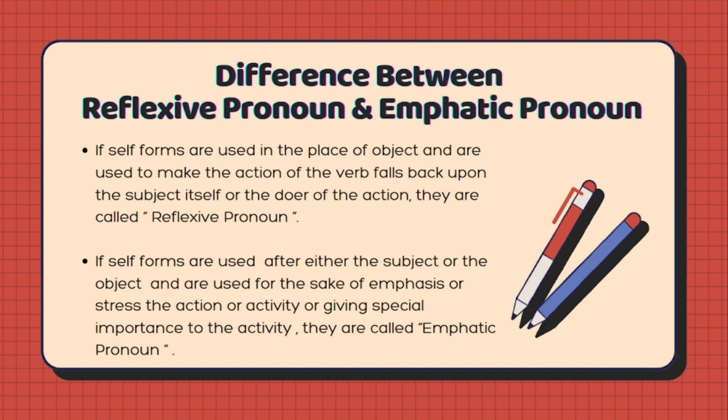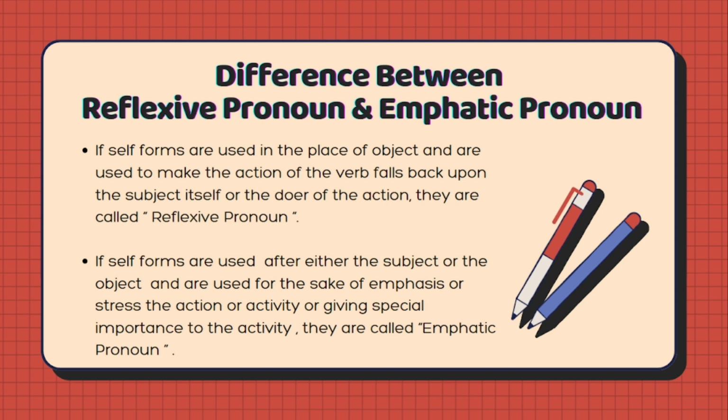What is the conclusion regarding the difference between reflexive pronoun and emphatic pronoun? If the self form is written immediately after the subject or after the object, you can understand that the action or activity is expressed with a lot of force. It means the self form is called an emphatic pronoun.